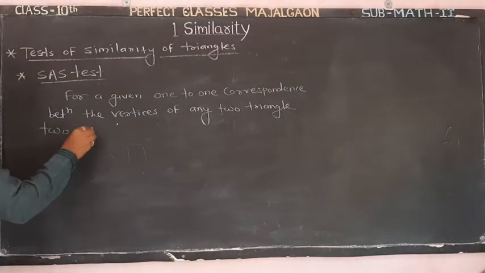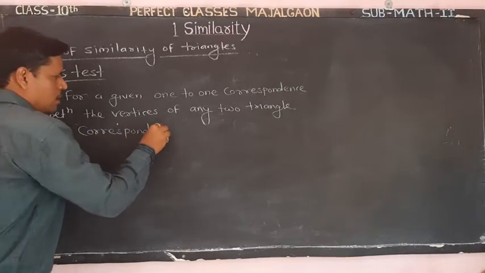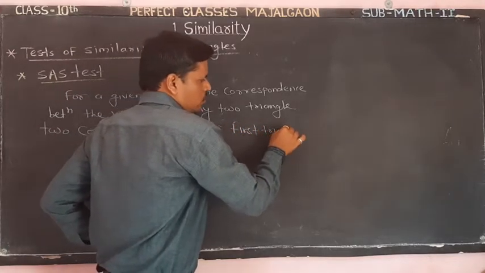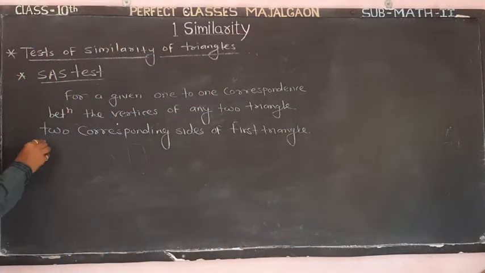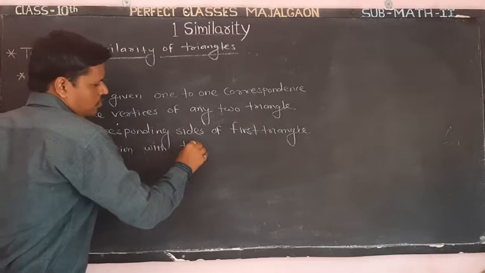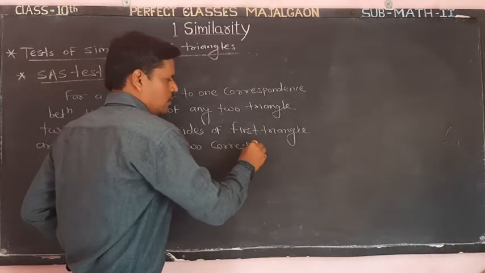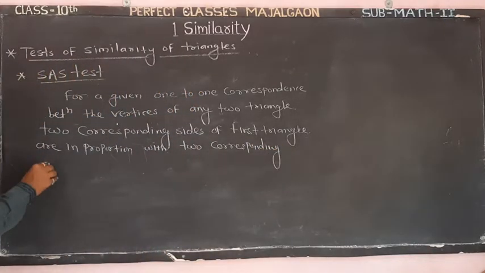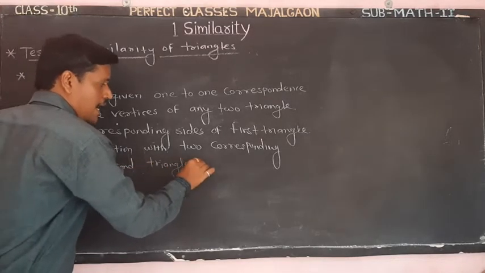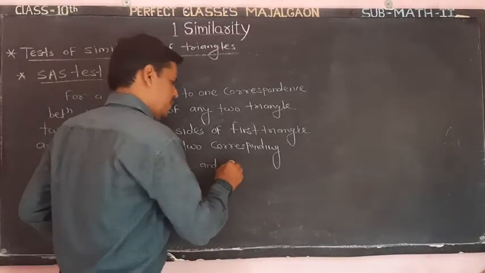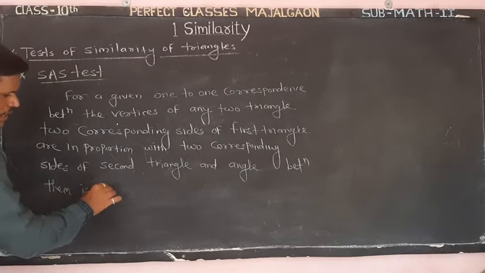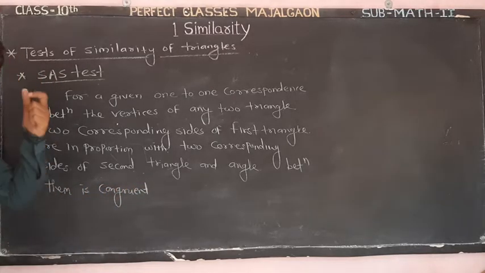Two corresponding sides of the first triangle are in proportion with two corresponding sides of the second triangle or other triangle, and the angle between them is congruent.